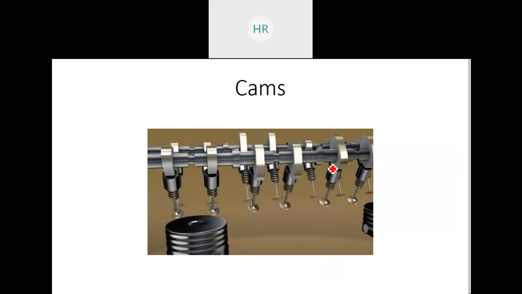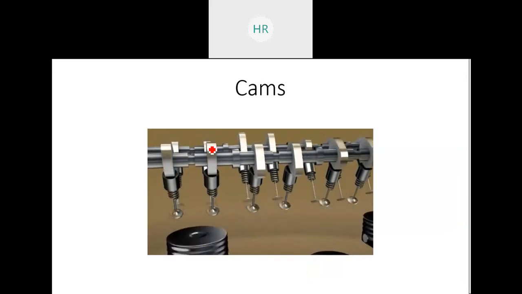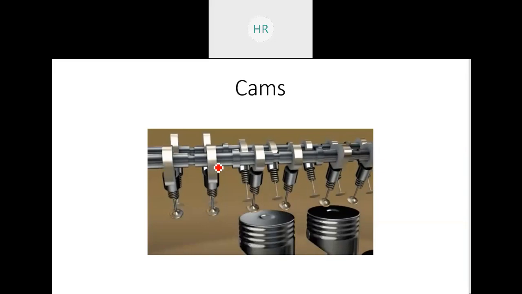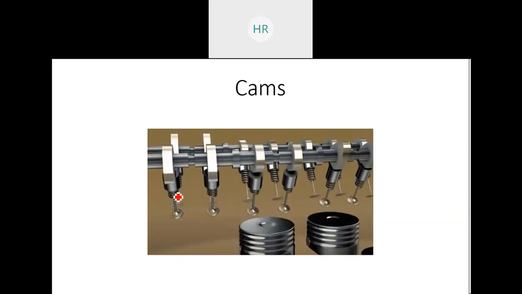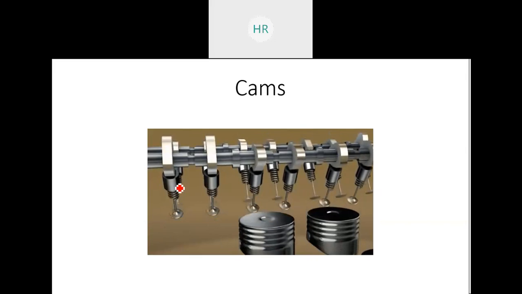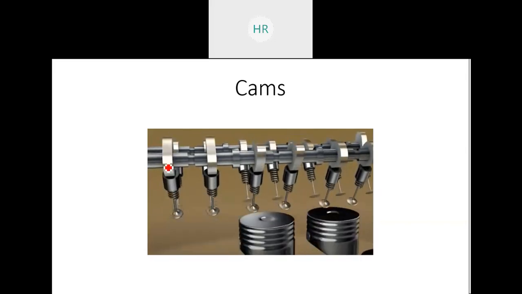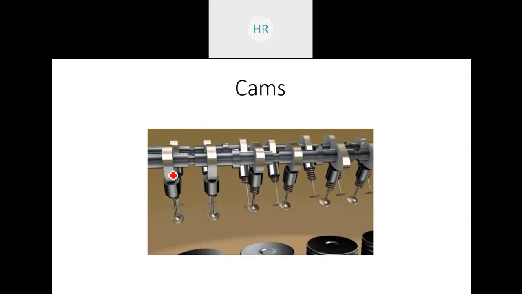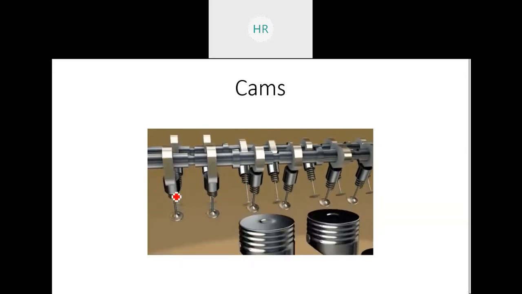From this title slide, you can see the cams are rotating, and because of their rotation, these valves are opening and closing at particular times. So this rotating motion of the cam is converted into reciprocating motion of the follower.